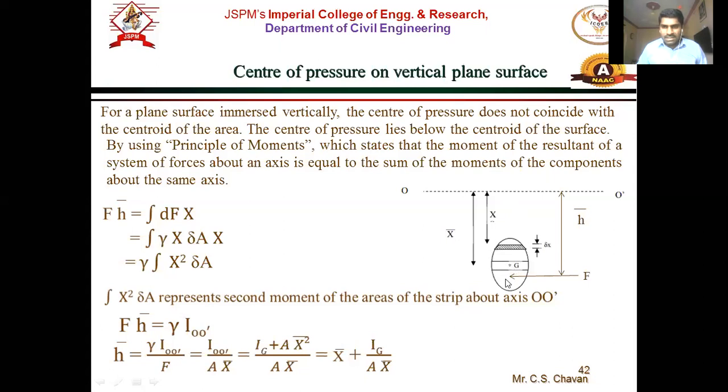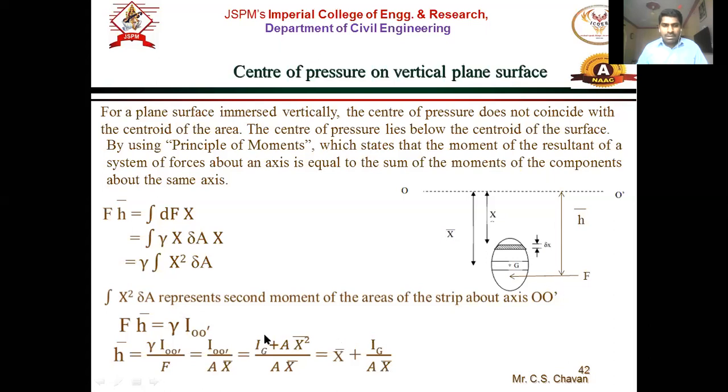So whatever surface is given, rectangular, square, trapezoidal, circular, any particular geometrical shape, we have to find the moment of inertia of that surface with respect to this G point, that is the moment of inertia about the horizontal axis, that is Ig. Then the area of the given surface, and again the x bar.